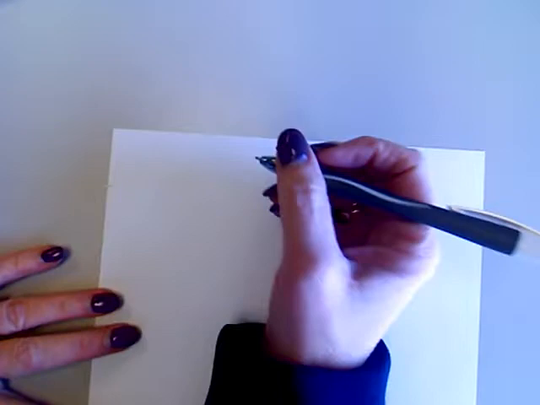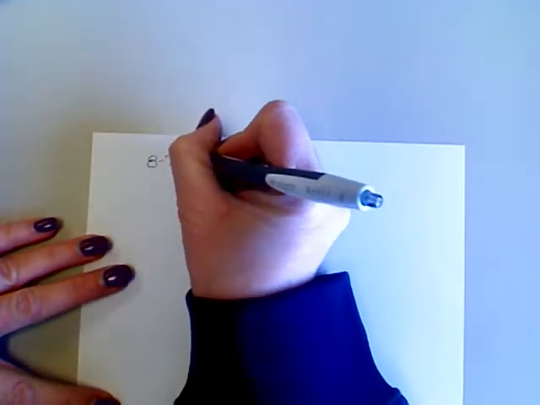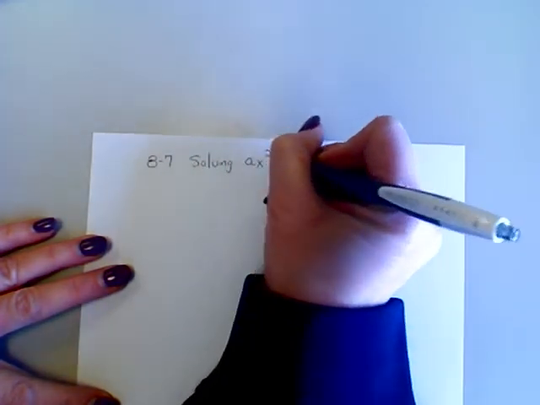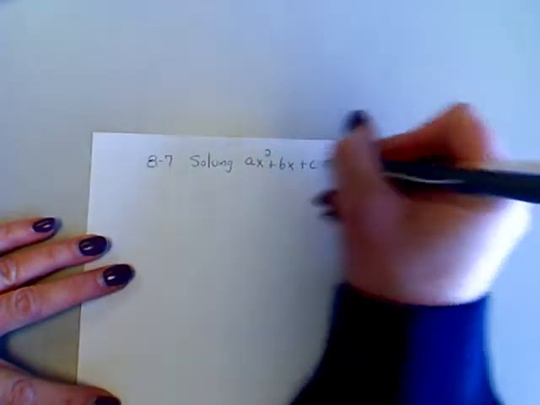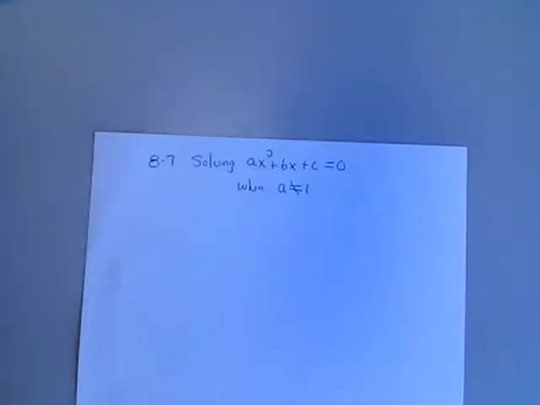So you seem to have a fairly decent grasp on factoring when the first term is 1, when x squared doesn't have a coefficient. So this is 8-7. And this is solving and factoring ax squared plus bx plus c equals 0 when a does not equal 1.